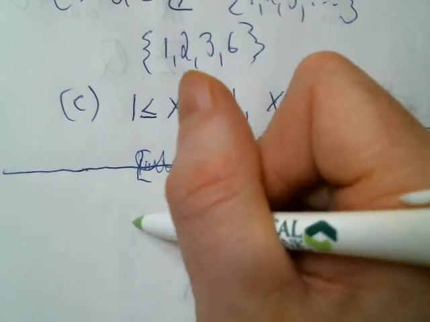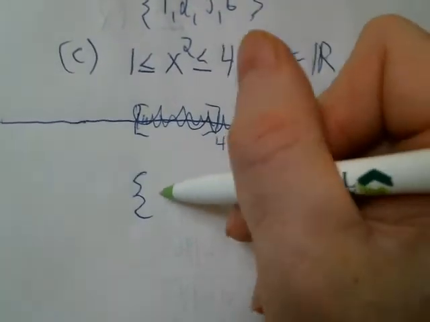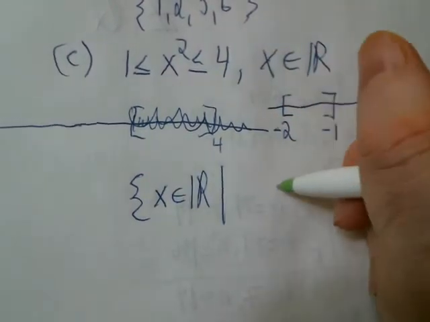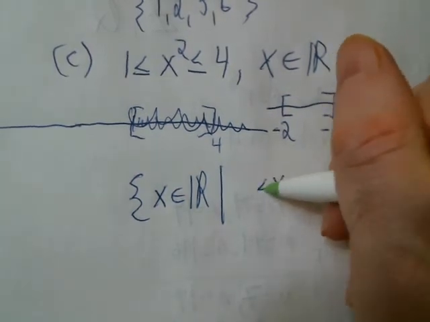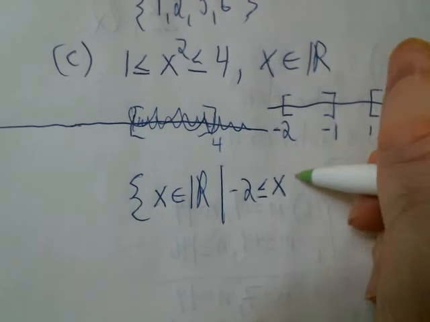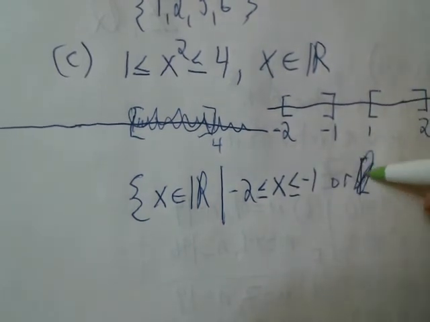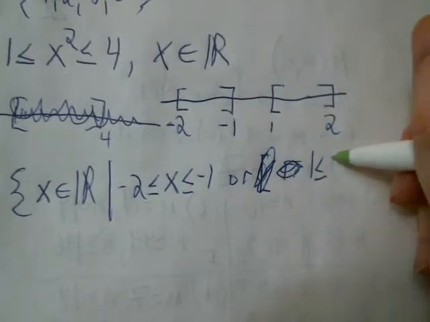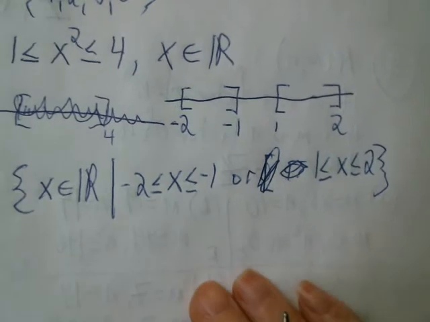At least try to this time. So the truth set here, it's all values x in the real numbers such that x is greater than or equal to -2, but then less than or equal to -1, or greater than or equal to 1, but less than or equal to 2. Okay.